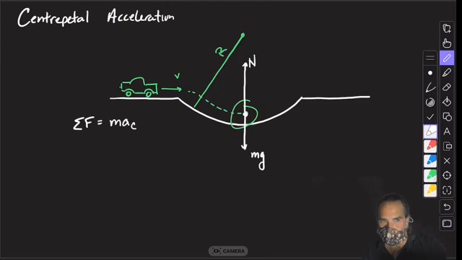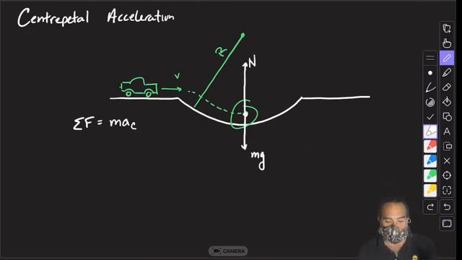Now, there could be other forces. The car could be hitting the brakes or even speeding up. All of that's fine, but we're focusing on what is happening to the car from the ground at the moment it's at the bottom. And again, this would be a fairly straightforward AP Physics 1 style question.